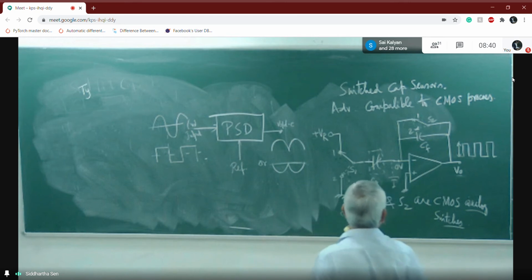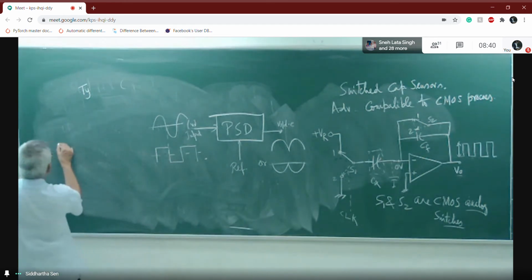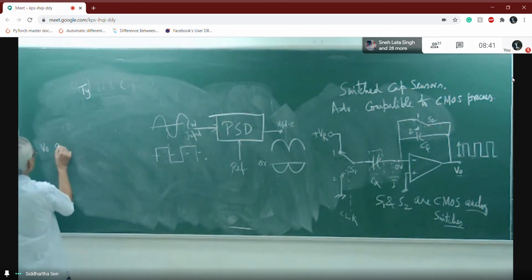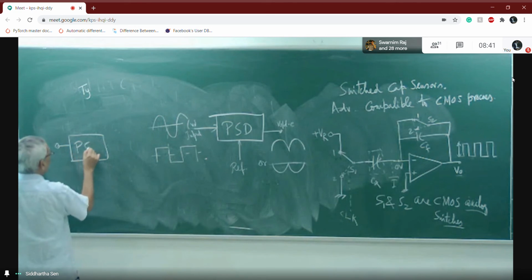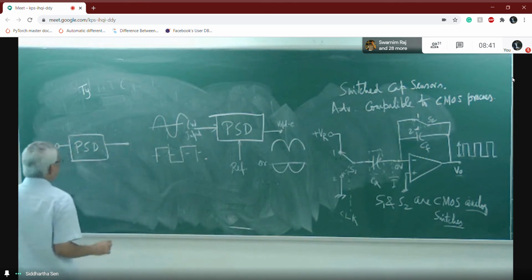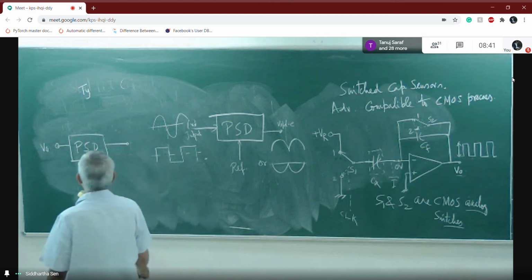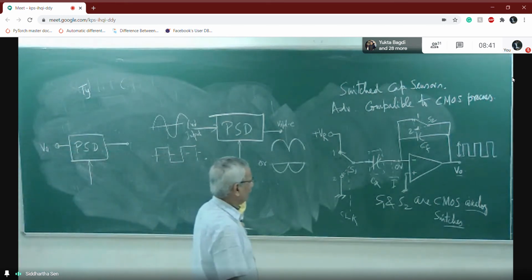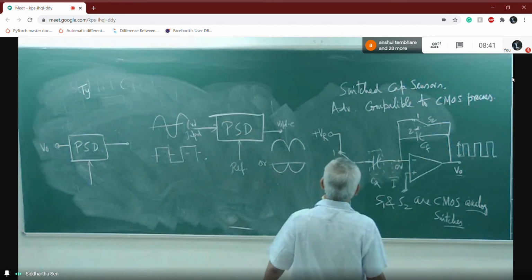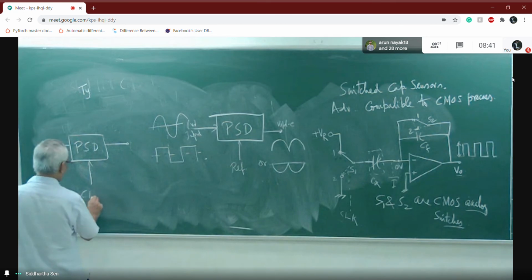The answer is simple, because here we have V0 coming from the circuit, and here also we would be using a phase sensitive detector to get a DC value. So the question is what would be the reference voltage here? It can be simply the clock.